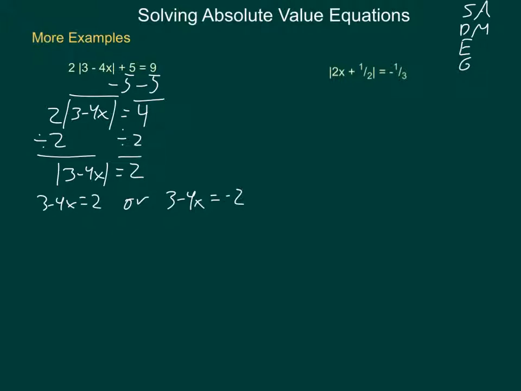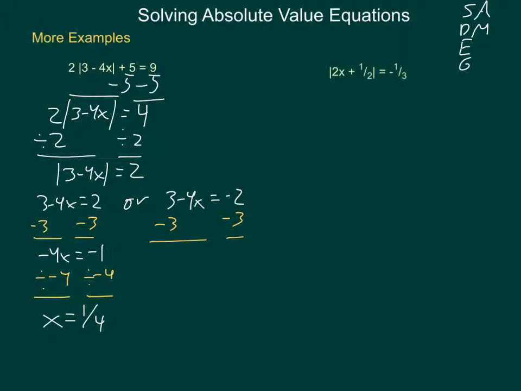Going through and solving the left-hand equation first, I'm going to subtract 3 from each side, telling me that negative 4x equals a negative 1. Dividing by negative 4 tells me that x equals 1/4. Right-hand equation, again, I'm going to subtract 3 from each side, leaving me with a negative 4x equals negative 5.